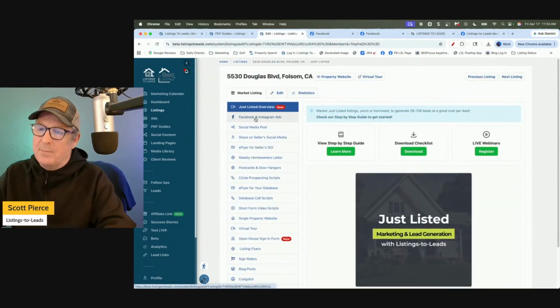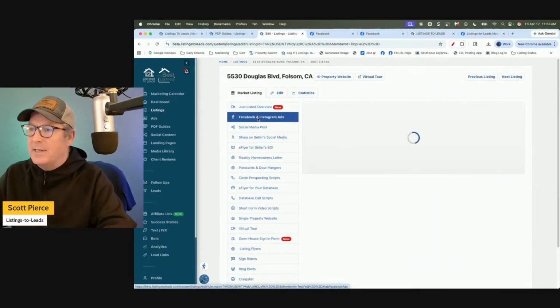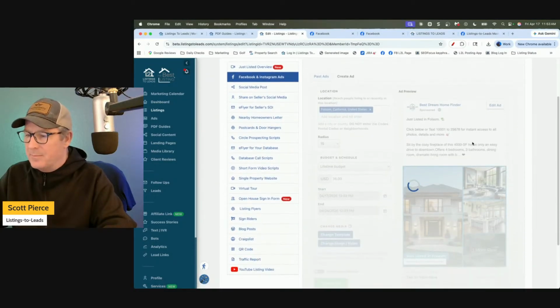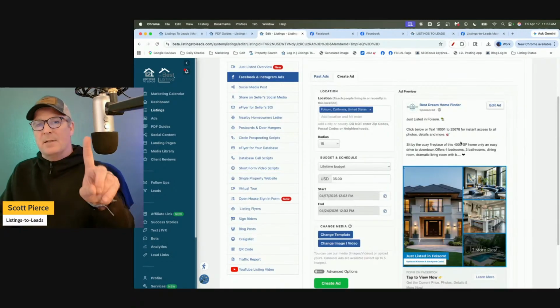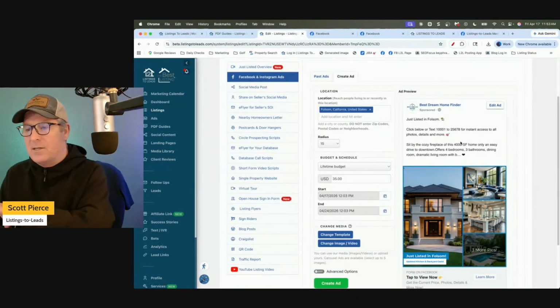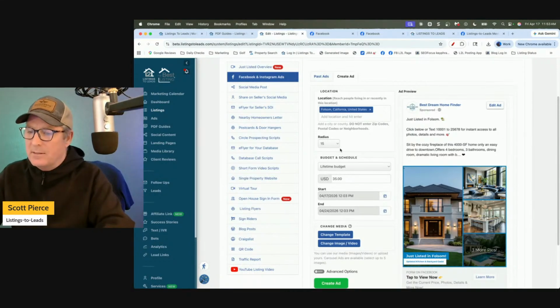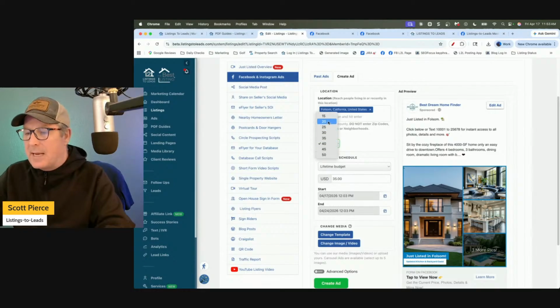So click the green button, click Facebook and Instagram ads, and the workspace is going to come up. All right. Now remember, in the mastermind group I said don't mess with the presets. Don't change this. In fact, I keep telling my team to put this under advanced options.